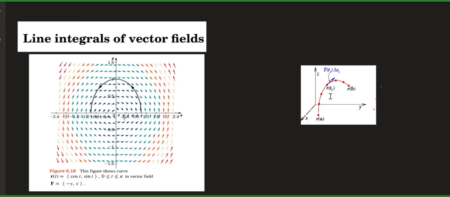So if I want to compute the line integral, which is exactly the work done by moving along the curve, it may be positive or sometimes negative, depending on the angle between the force and our direction.